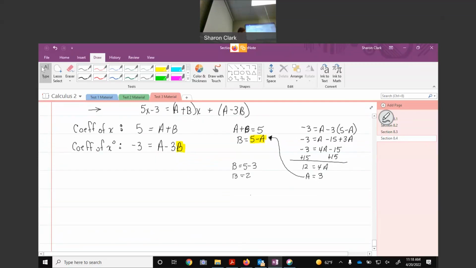So now I can go back to my problem. The integral of 2x dx plus the integral of 3 over x minus 3 plus 2 over x plus 1 dx.